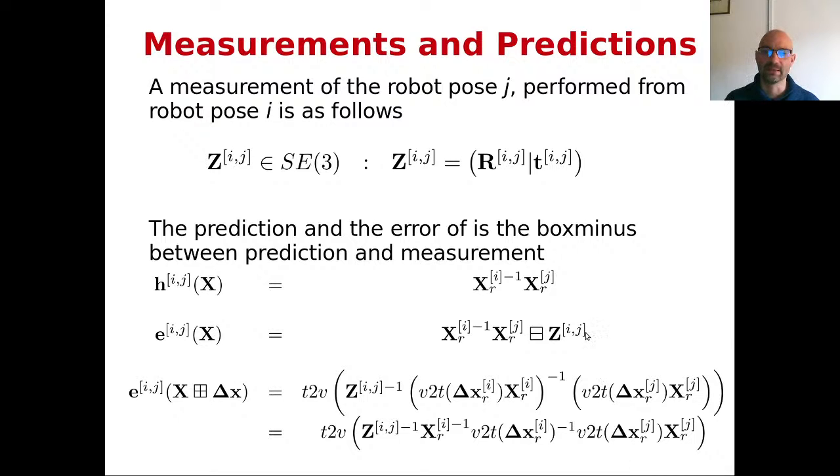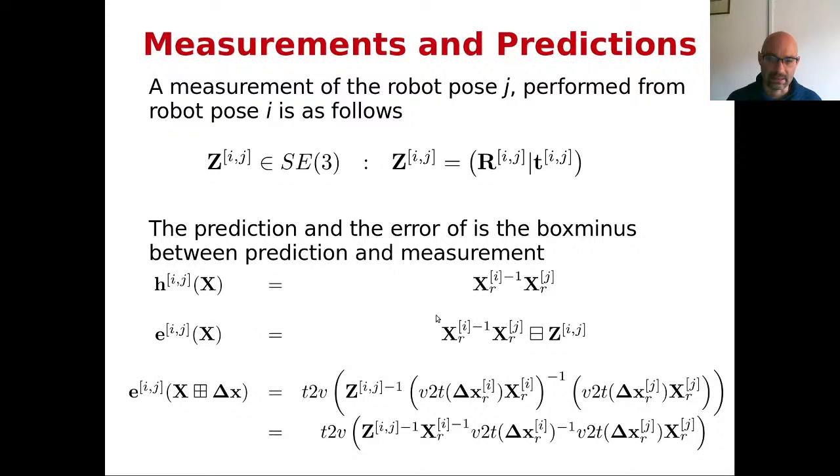So if I take zij and I invert it, and I take my prediction and multiply, on the right or on the left, it doesn't make much difference, then in case zij is exactly the same as the prediction, which means that I have a zero error, I will get the identity matrix.